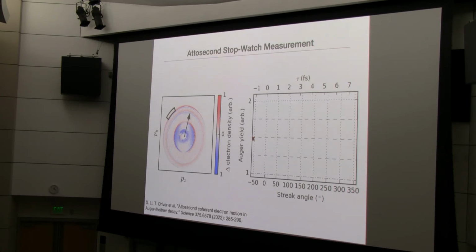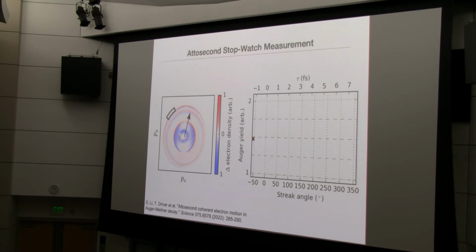And luckily, we can do that just by looking at in which direction this photoelectron line was streaked. This is a differential map, so it's streaked minus unstreaked. Wherever you see more red, that's the direction that these electrons were streaked, which is a measure of the arrival time of the X-rays with respect to your laser wavelength. So this is our trigger. And then we look at a small wedge here of oxygen Auger-Meitner electrons.